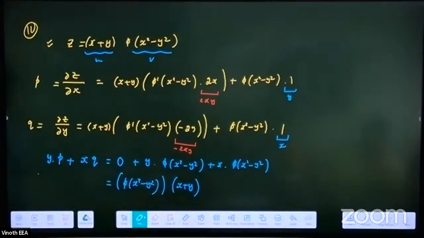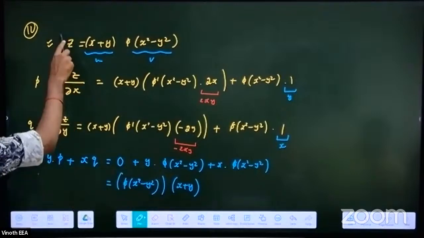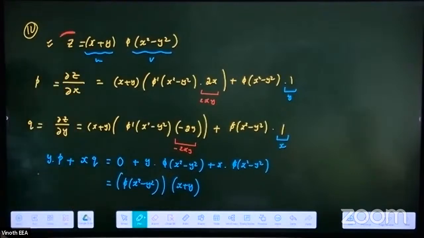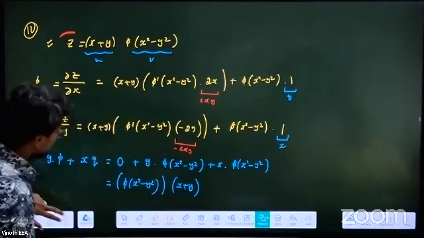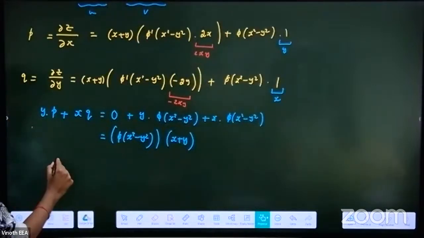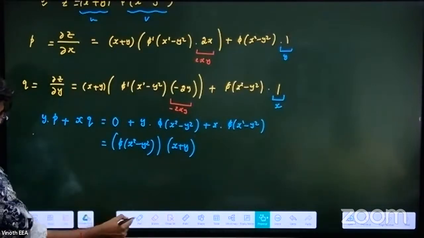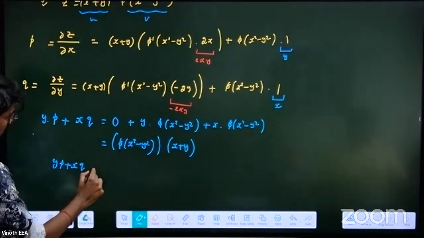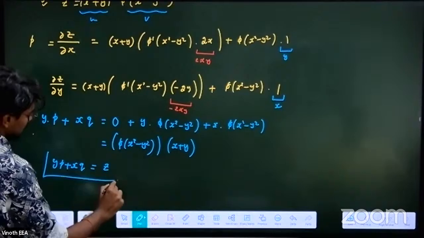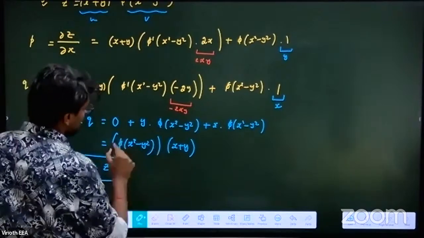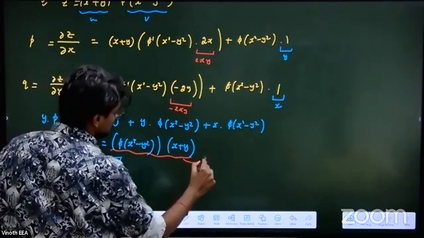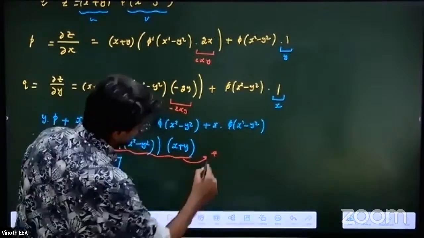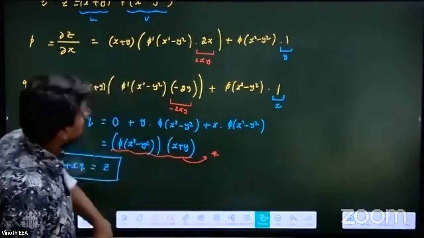So what is x plus y into pi of x square minus y square? This entire term is my z. So I will replace this: yp plus xq equal to z. Okay, this entire term.